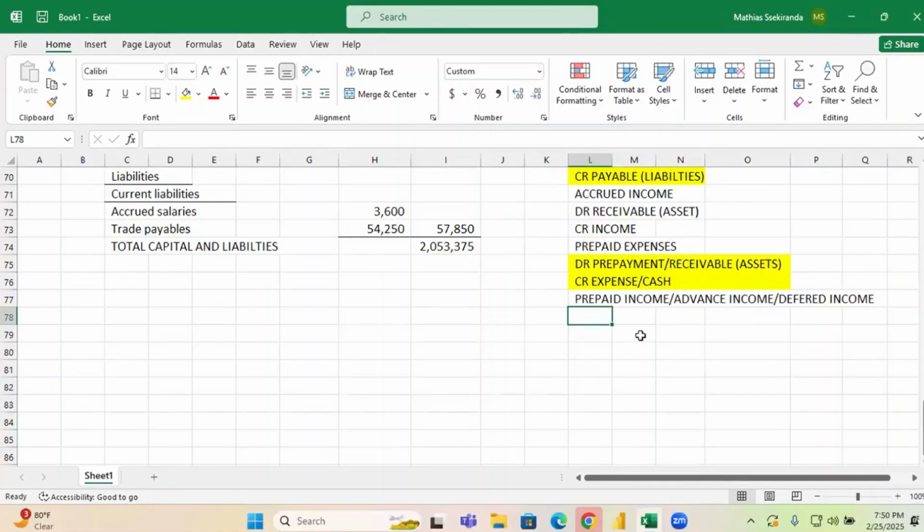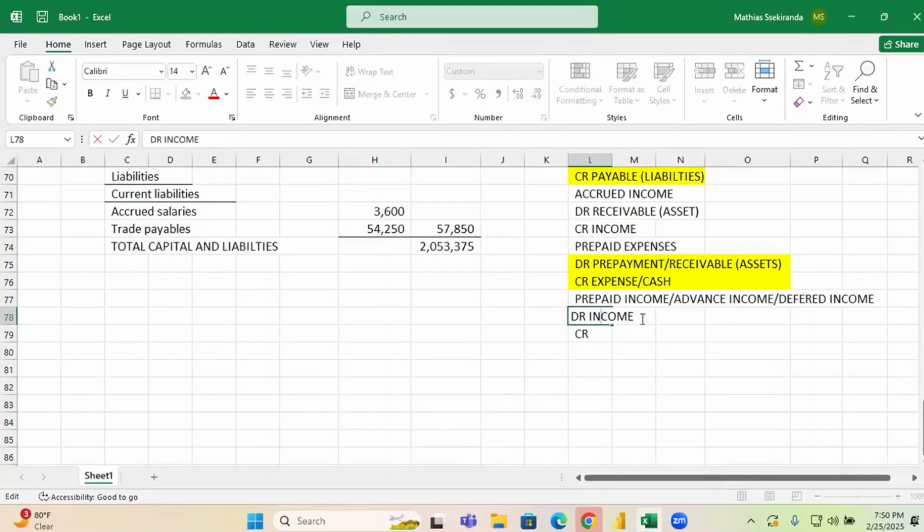Okay? So what you do, you debit the income to reduce it. Reduce that income, you debit it because the money is not yet an income. If at all the money had already been posted under incomes, you will debit incomes to reduce it.